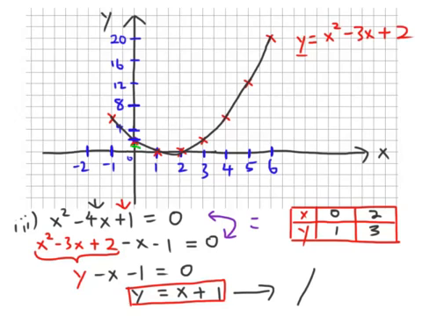Perhaps I plot the point again. So 0, 1, and 2, 3. So here will be 0, 1. And then 2, 3. 3 will be here, right? 2 will be here. So let me connect the point once again.